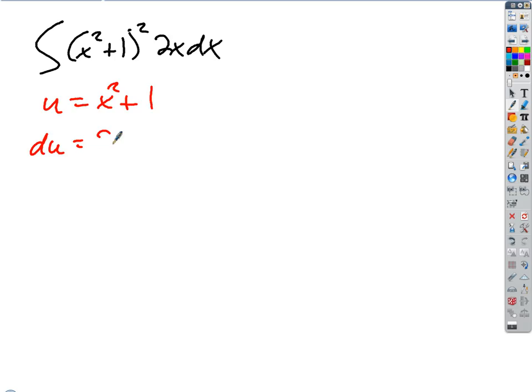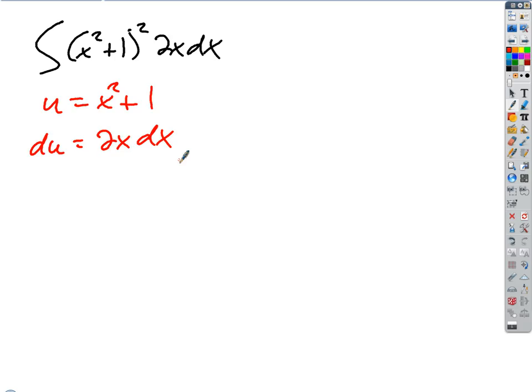But the derivative of x squared is 2x, and because it's in differential form, we have to add that dx there also, right, by the chain rule. Same thing as adding the intermediate step, finding du/dx, and then multiplying both sides by dx. Very same thing. This is just quicker.